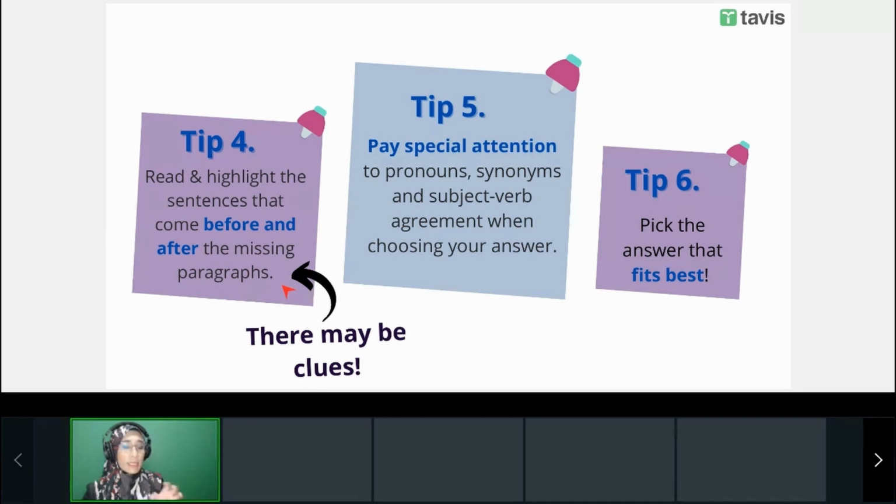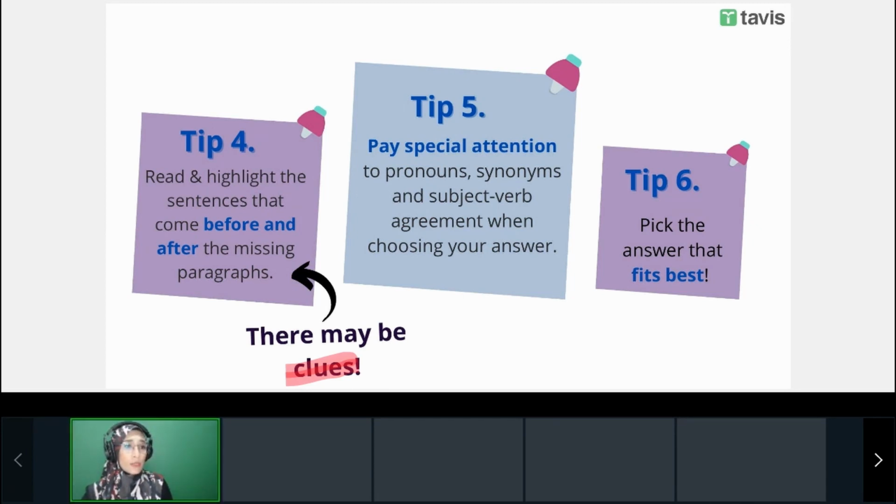Because in these sentences, the before and the after, there may be clues for you when it comes to answering the question. So please make sure that you read the before and after sentences.